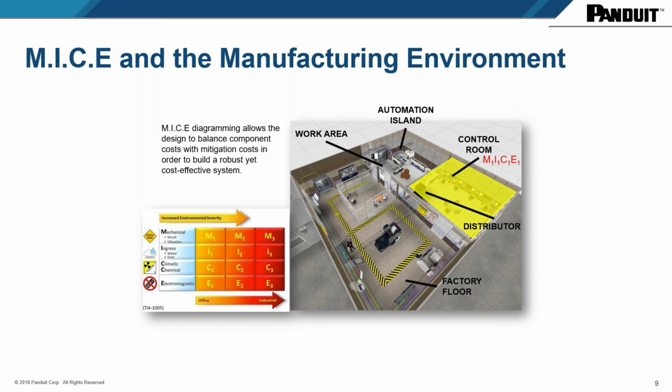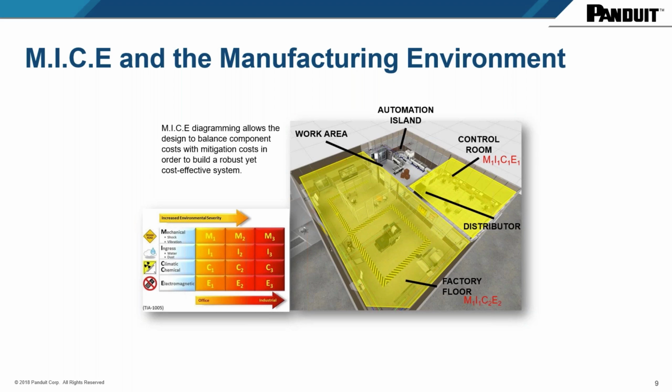That is an environment where it's as close as possible to an office. So therefore, any kind of cabling that you run in that space will be designated as M1, I1, C1, and E1.